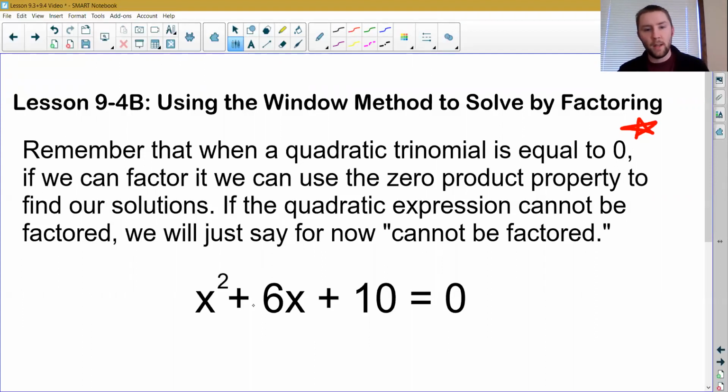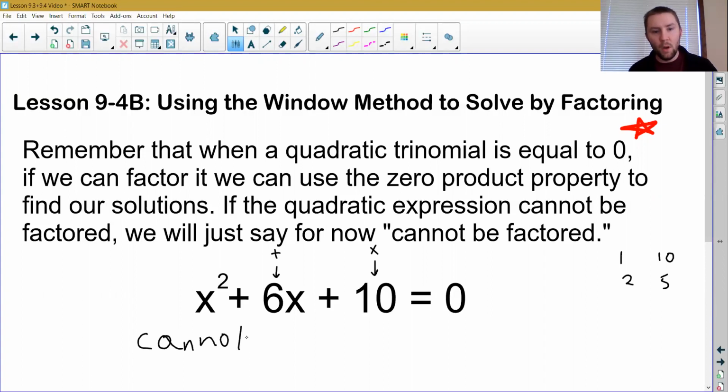This quadratic, x squared plus 6x plus 10, actually cannot be factored, because we would have to find two numbers that multiply to make 10 and add to make 6, but the only options for multiplying to 10 are 1 times 10 or 2 times 5, and if I add those together, they do not equal 6.